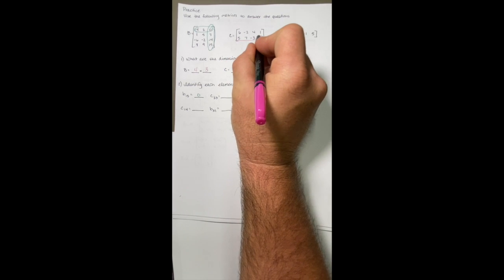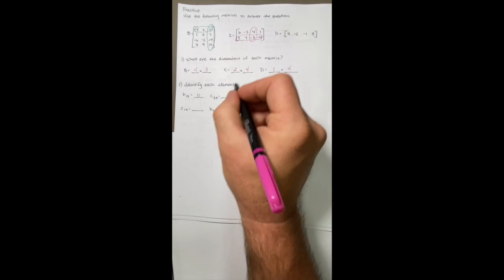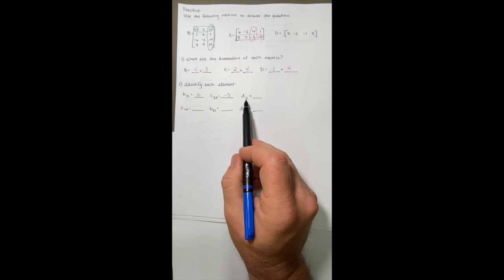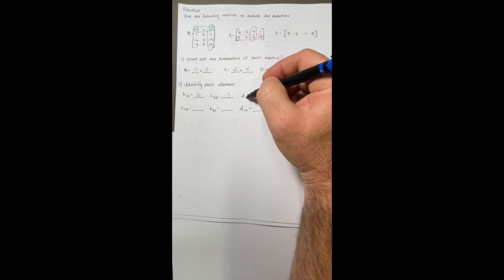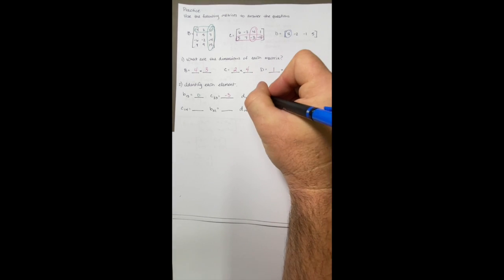Row 2, then column 1, 2, 3. So that would be negative 3. And then finally for this last one right here, matrix D, row 1, column 1. It only can be row 1, right? So that first number with this particular matrix can only be a 1 simply because there's only 1 row. But it would be right there. So it would be 4.